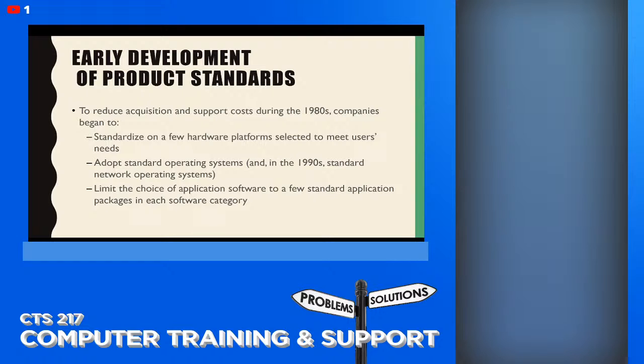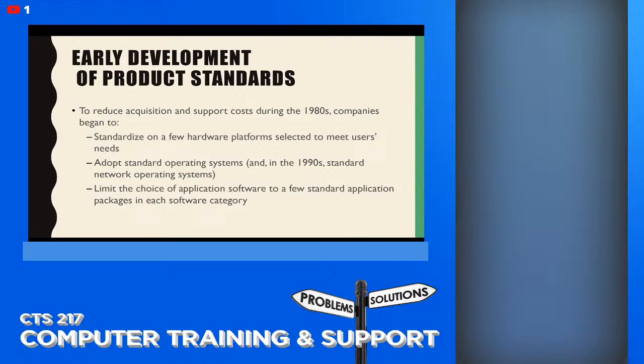Adopting a standard operating system. Same goes here. Windows 10 is the standard supported operating system in the organization. And we extended that to a standardized network operating system in the 1990s. And you limit the choice of application software to a few standard application packages in each software category.